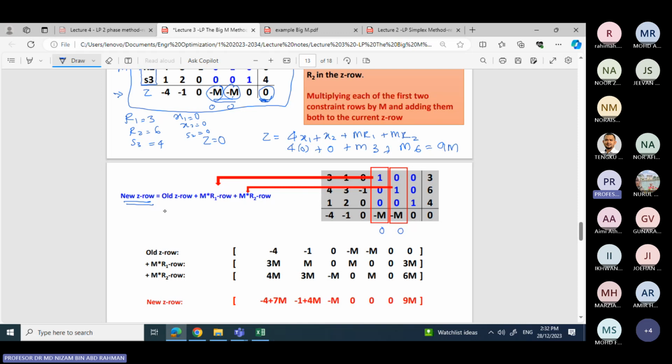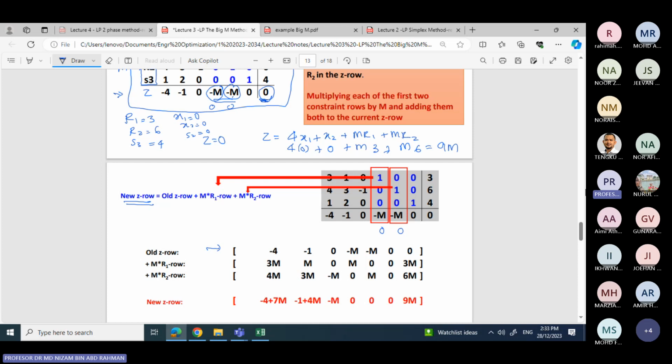How to do that? Basically, you have the new Z row, which is minus 4, 1, 0, minus M, 0, and 0, equals the old row, this, plus M times the R1 row.